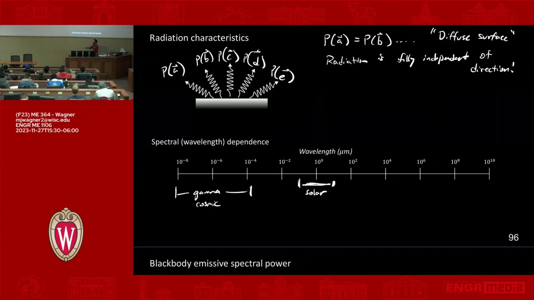You're looking at very low wavelength. These are rays that are left over from the formation of stars and the creation of the universe, the Big Bang. The big energy events that have happened produce this stuff, and it's just shooting around. Normally those are absorbed by our atmosphere, which is why we don't die all the time, which is great.